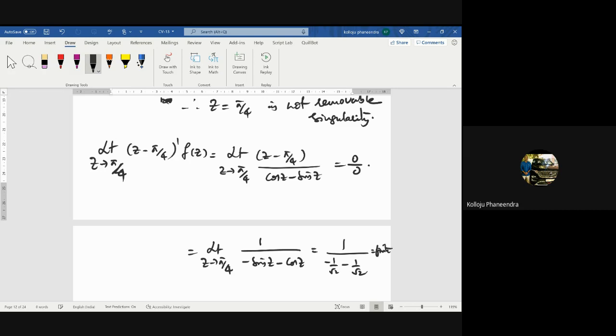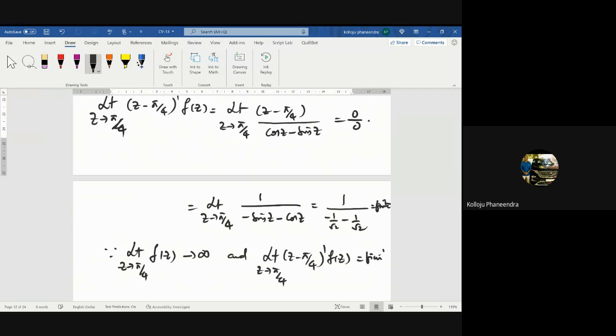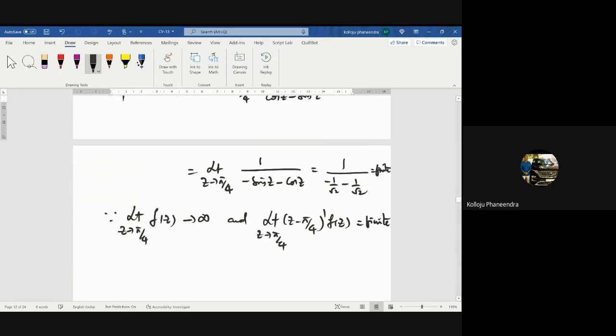Since limit z tends to pi by 4, f of z tends to infinity, and the limit of z minus pi by 4 to the power 1 times f of z is finite, z equal to pi by 4 is a pole of order 1. That is a simple pole.